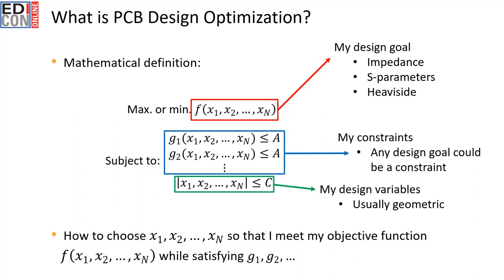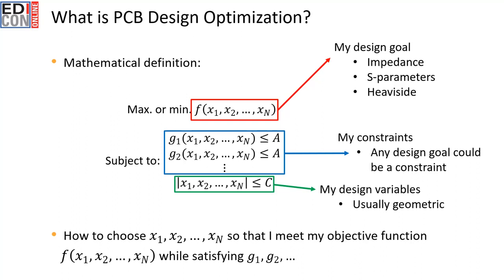Let's say I want to get to 50 ohms impedance. This could be an S parameter. I want to get S21 down to 0 dB. Or it could be the Heaviside condition that's been investigated by other researchers in the past. It could really be anything.